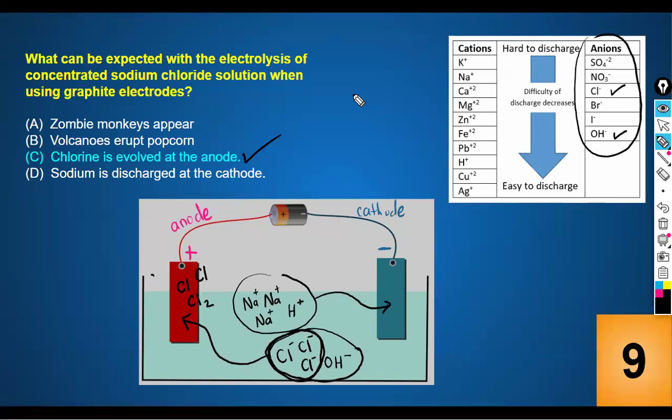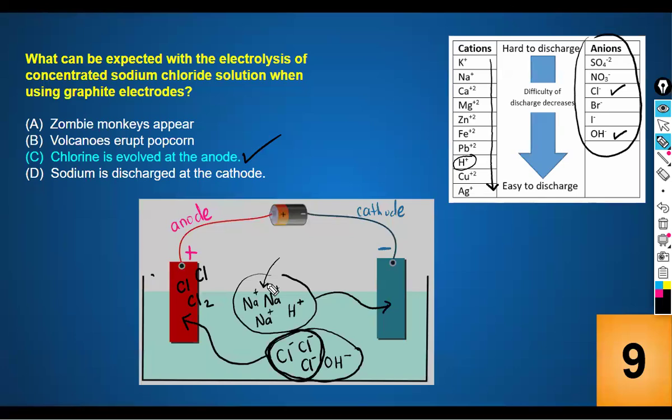Now, I know the question I'm about to ask isn't really necessary, but you can turn back in your notes. Who gets discharged when they go to the cathode? Under normal conditions, who would get discharged? Who is lower, H or Na? Normally, H would get discharged. But because it has more sodium, common sense would say, because of what we just discussed, sodium would get discharged.